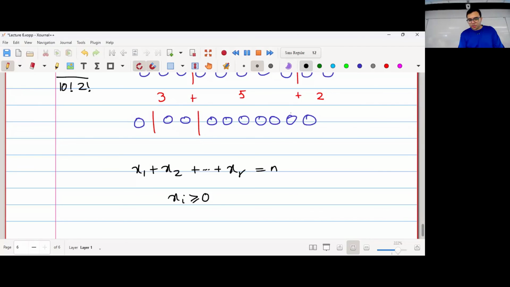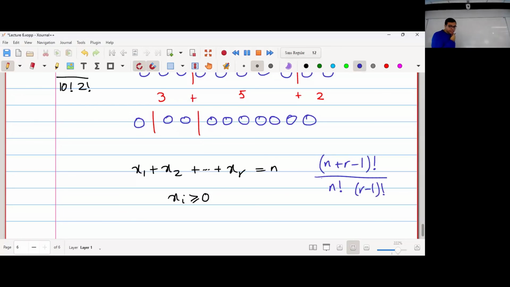And I have n balls. So I have n plus r minus 1 different elements. So n plus r minus 1 factorial divided by, and then n of my items are the same. I have n balls, so n factorial, and r minus 1 of the other items, which are the bars, are also the same. So divided by r minus 1 factorial.